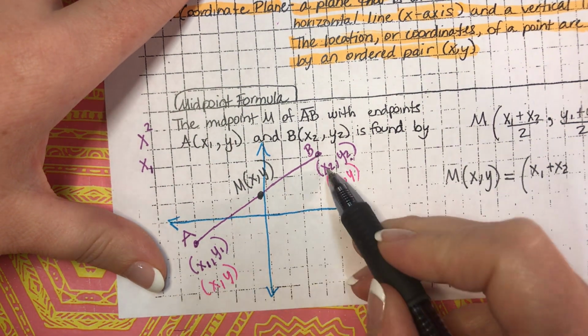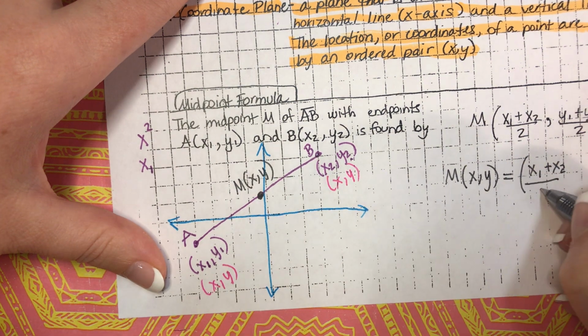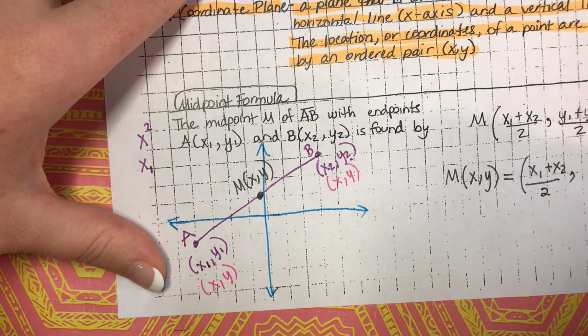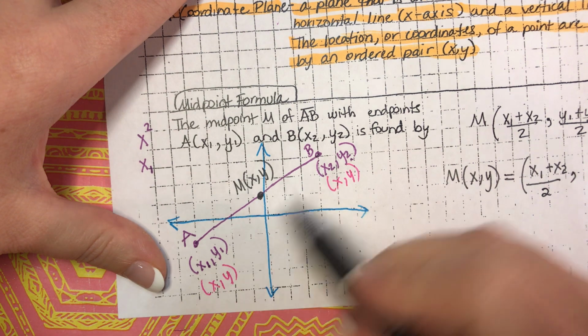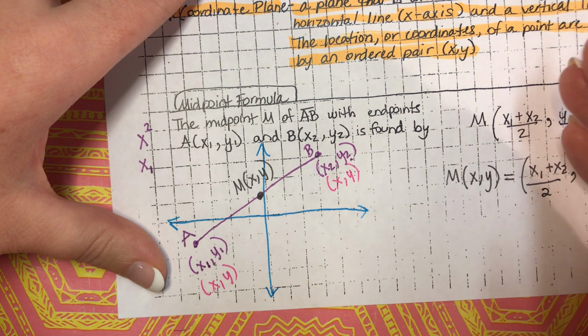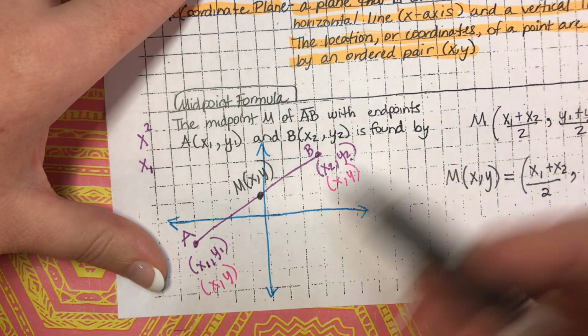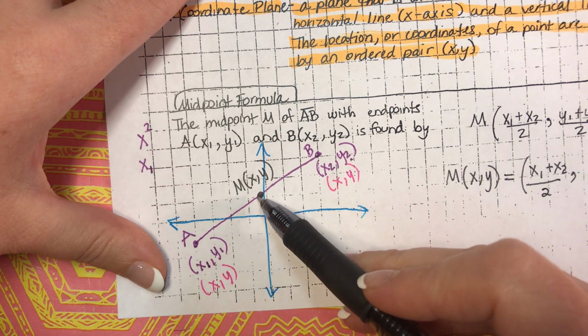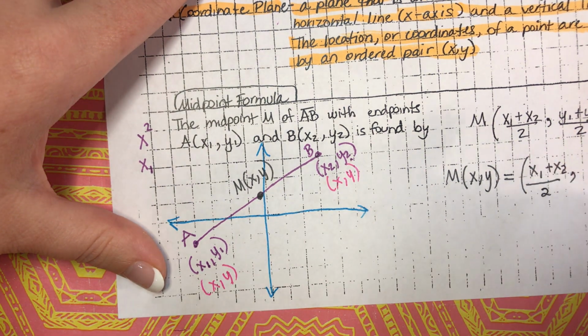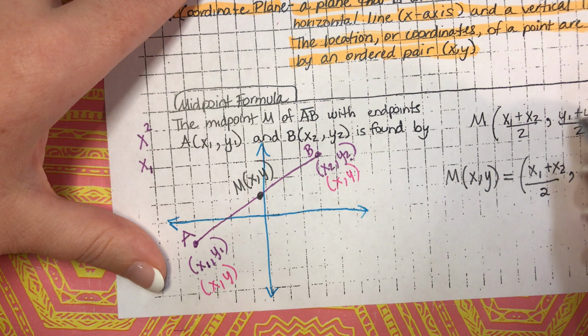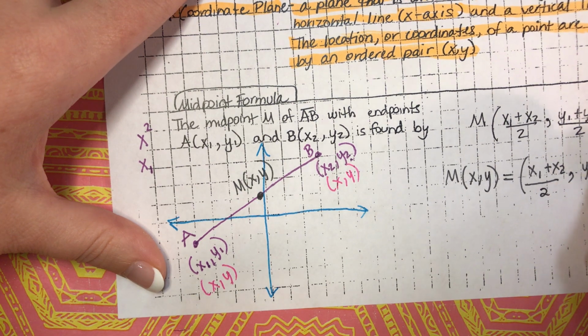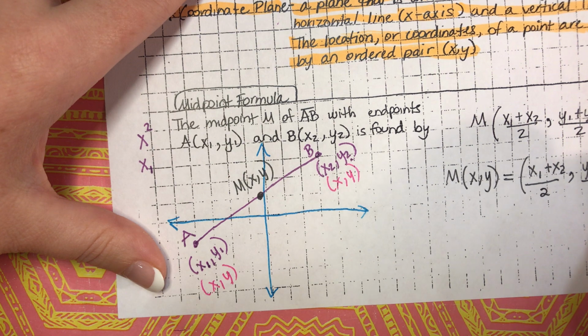So you take both of those x values, you add them together, and you divide it by 2, which is kind of like the average, right? Whenever you have two numbers and you add them and divide by 2, you're finding the average of those numbers. And the average is kind of like the same thing as the midpoint. So it's like you're finding the average of the x values, and then you're finding the average of the y values, which is basically the same thing as a midpoint.